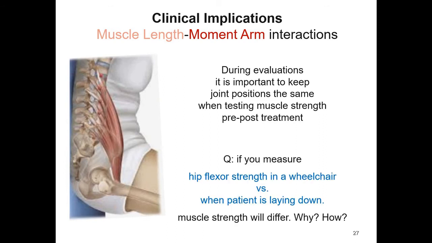For example, if you measure hip flexion strength while a patient is sat in their wheelchair pre-treatment, and then measure hip flexor strength when the patient is laying down after the treatment, how will this affect your conclusions about the effectiveness of the treatment? Again, as I did earlier, I will leave this question with you to think about.